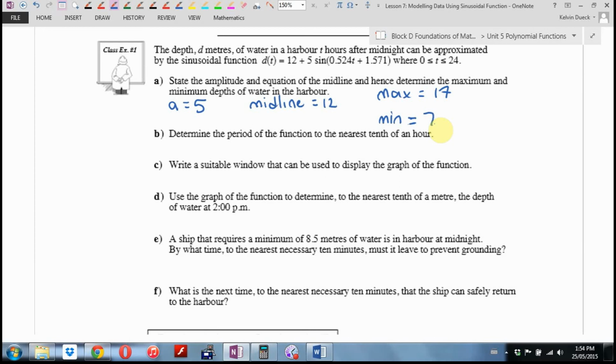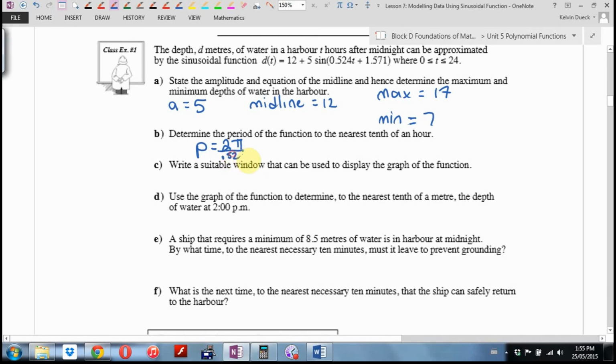Okay? Tide goes up, tide goes down. Tide goes up, tide goes down. Hey, that's a trig function. What's the period? Well, the period, Julia, is going to be 2 pi over the number in front of the x. Although this time it's a t. What number is in front of the x? 0.524.